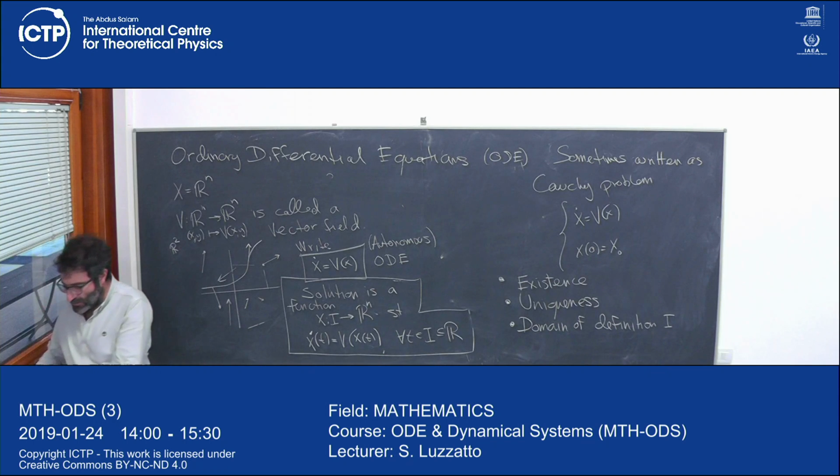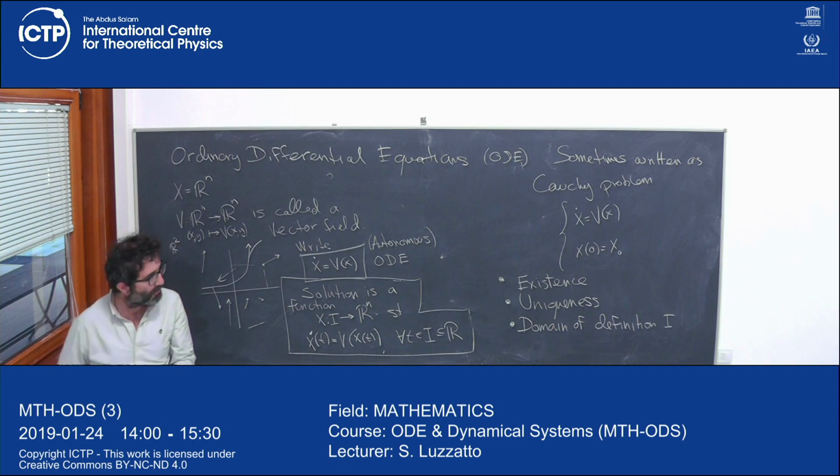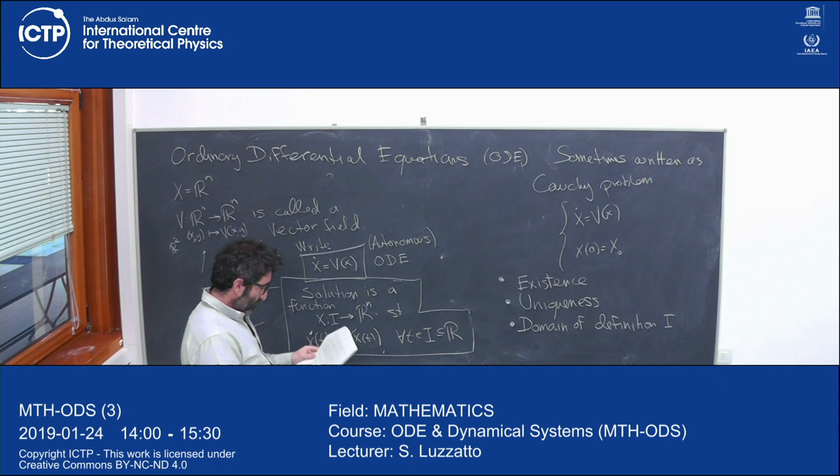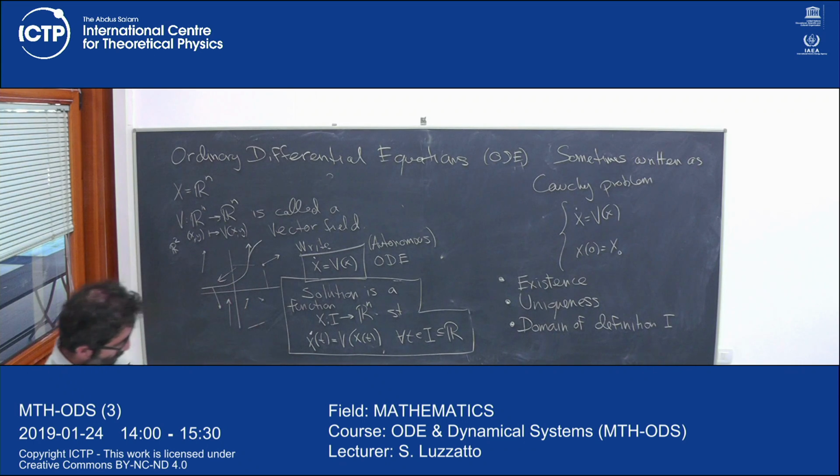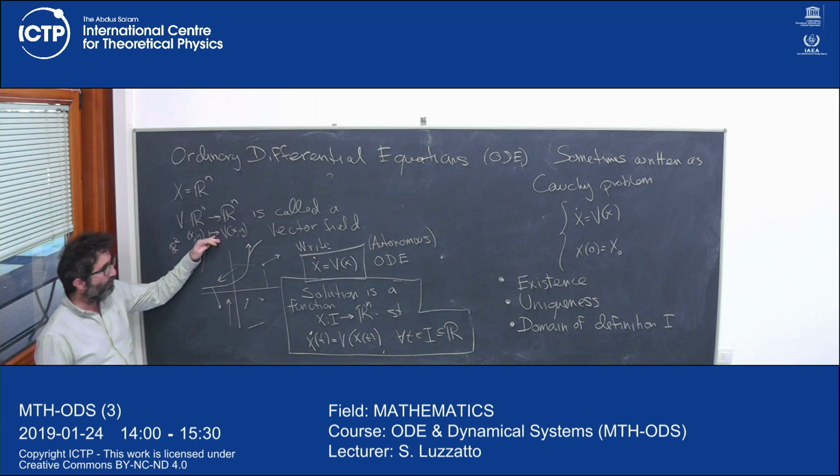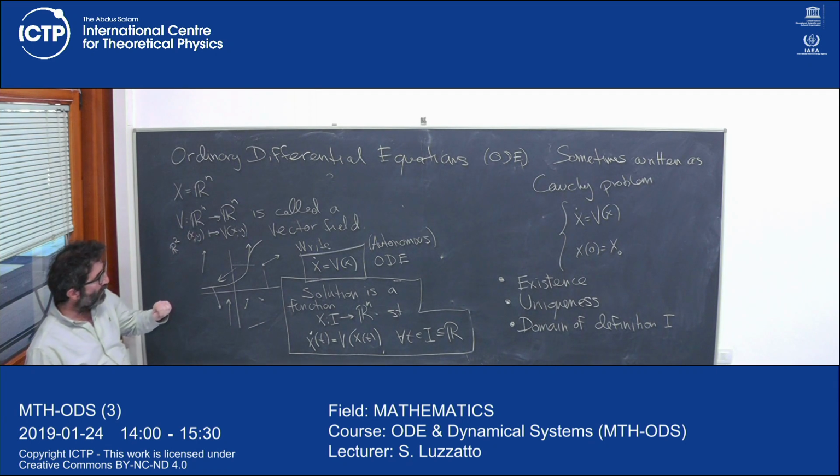So let's see some examples. I'm not going to give any examples where a solution does not exist, because I did not think of preparing any, but the theorem we will state at the end says that whenever this vector field is continuous, then through every point there exists a solution.